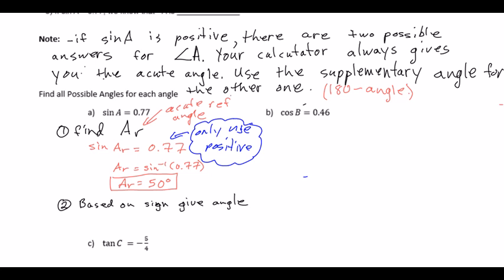The original reference angle: so for number 1, A, the angle A is equal to 50 degrees, and B, the second angle, is equal to 180 minus 50 degrees, which equals 130, because sine is positive in both the acute and obtuse ranges. Let's do cosine of B.